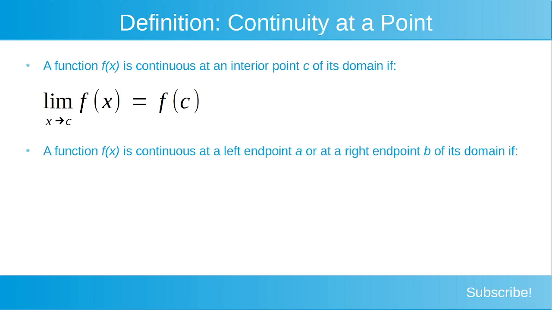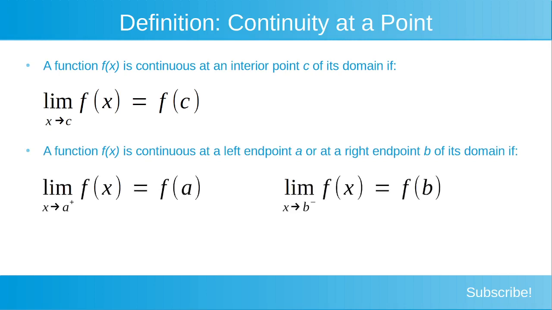And a function f of x is continuous at a left endpoint a of its domain if the right-hand limit as x approaches a of f of x is equal to f of a. And a function f of x is continuous at a right endpoint b of its domain if the left-hand limit as x approaches b of f of x is equal to f of b.